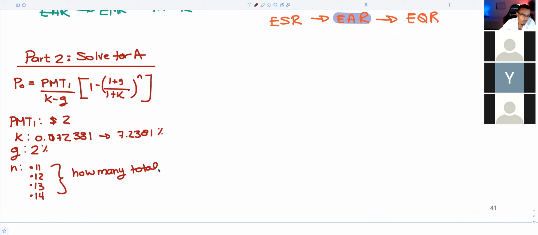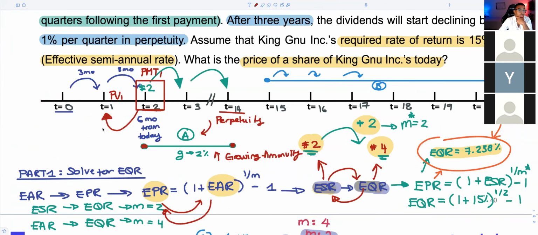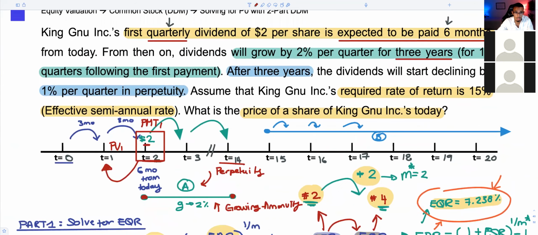Now let's think about it. If our first, and we can even use our hands, we know for sure that the $2 is going to grow for 12 quarters. 12 quarters following the first payment.